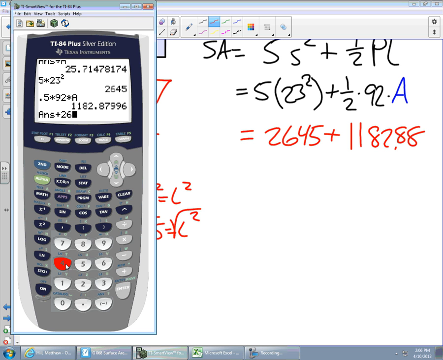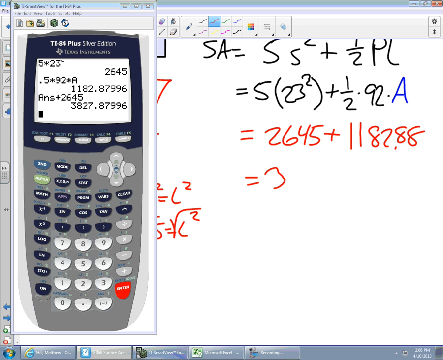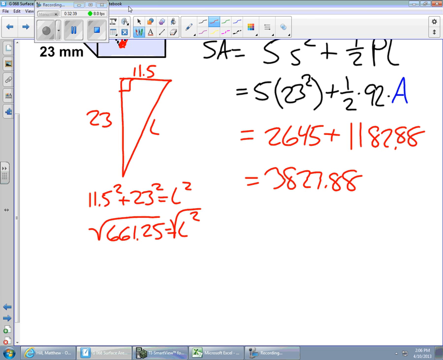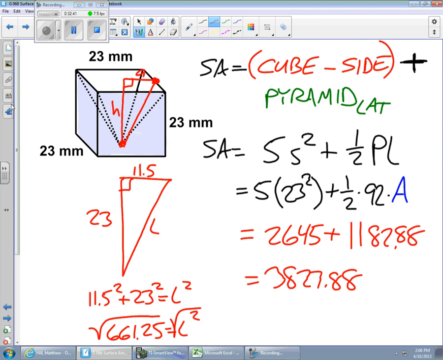Plus 2645, 3827.88. Millimeters it was. Second dimension.